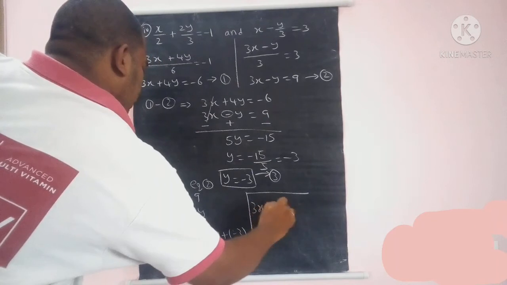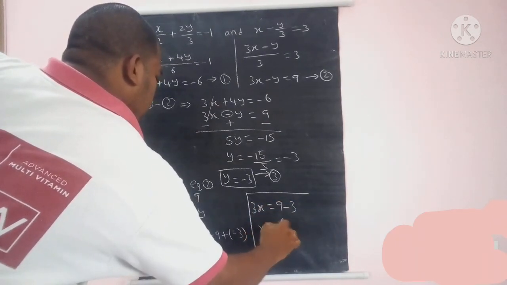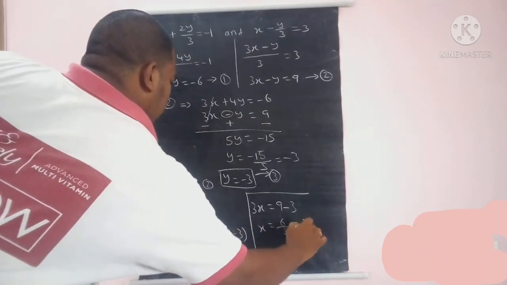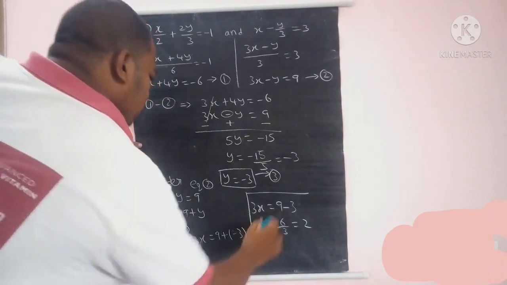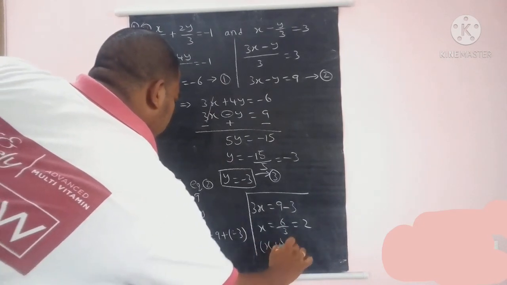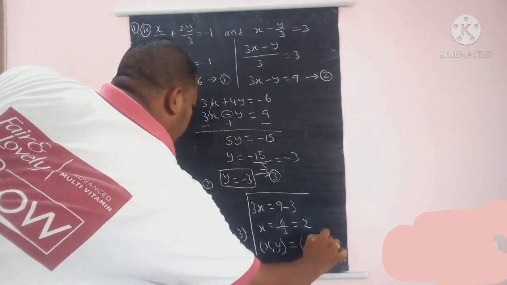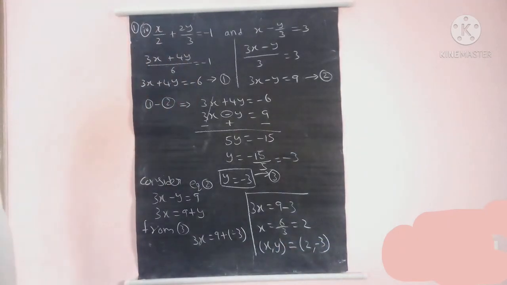So 3x equals 9 minus 3, x equals 6 by 3, that equals 2. So x comma y equals 2 comma minus 3. This is the solution.